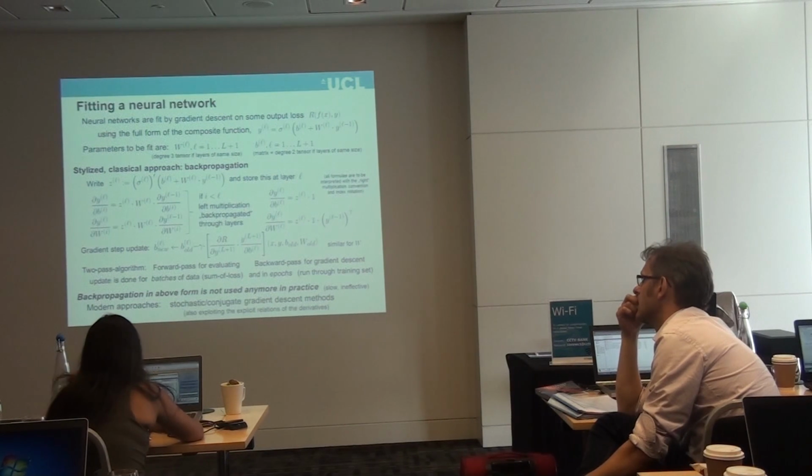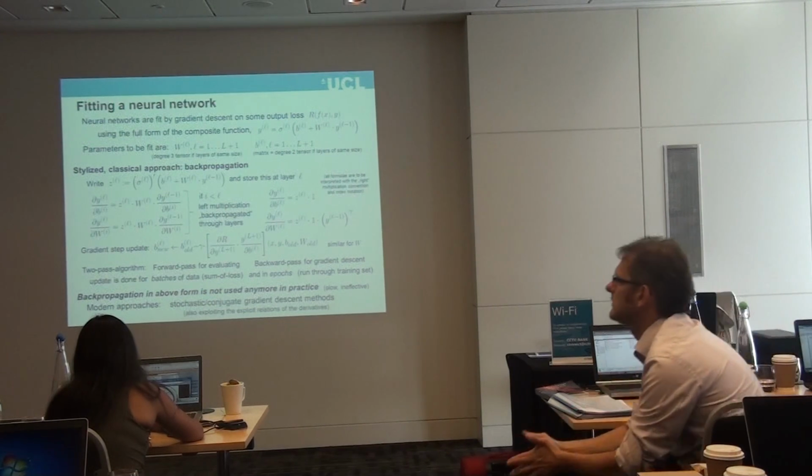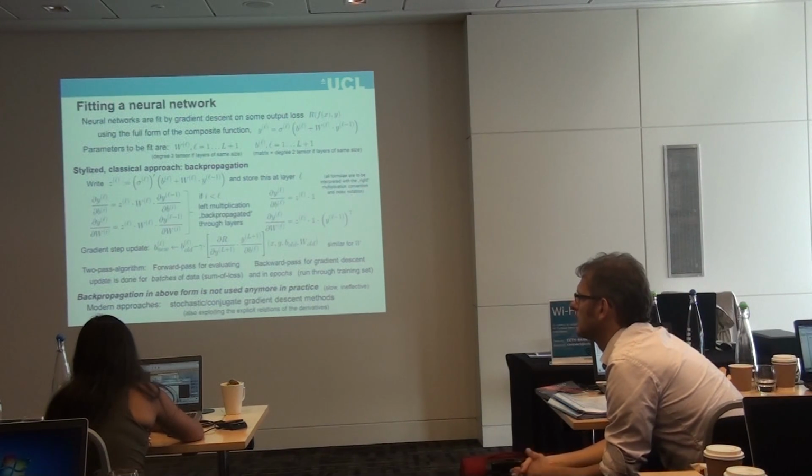The data are fixed, the training data, and the parameters are optimized. So fixing the training data, you can find W and B by optimizing the loss.